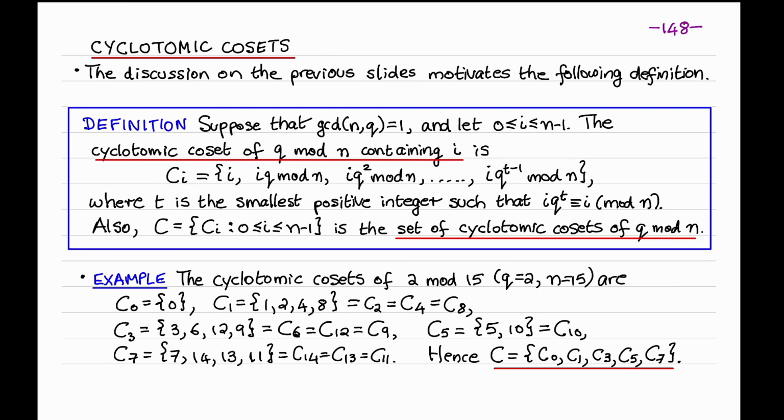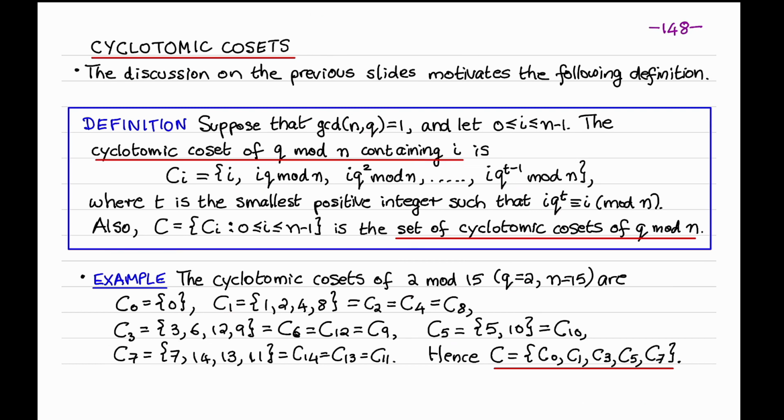Next, we see that C_3 is comprised of 3, 6, 12, and 9, and that C_6, C_12, and C_9 are all equal to C_3. C_5 has 2 elements, namely 5 and 10, and C_5 equals C_10. And finally, C_7 has size 4. It's comprised of 7, 14, 13, and 11, and C_7 equals C_14, C_13, and C_11.